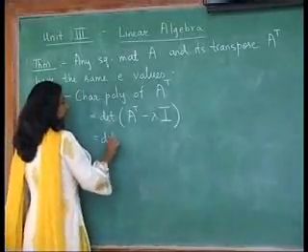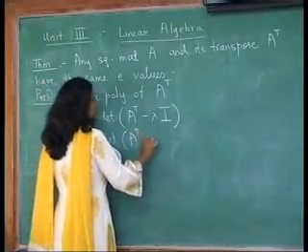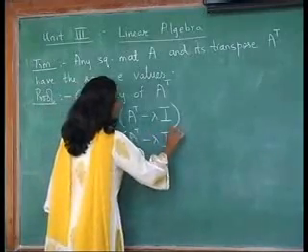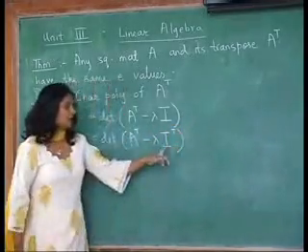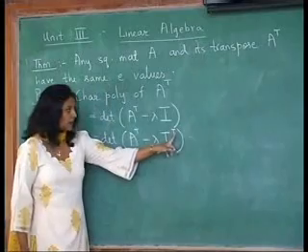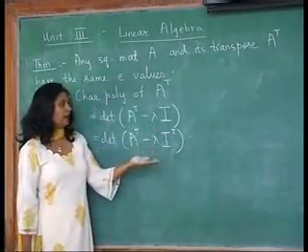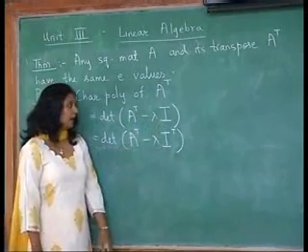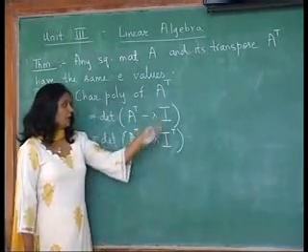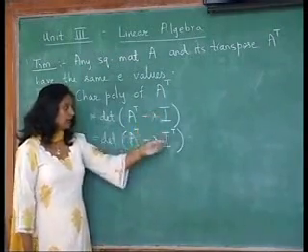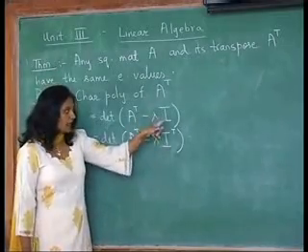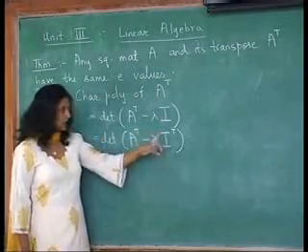Notice that the transpose of the identity matrix is the same as the identity matrix, because an identity matrix is a symmetric matrix. So even if I interchange the rows and the columns, I'll get back the same matrix. That's why in place of I, I can write I transpose.